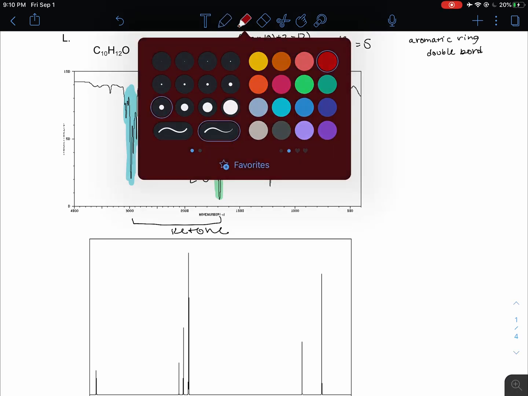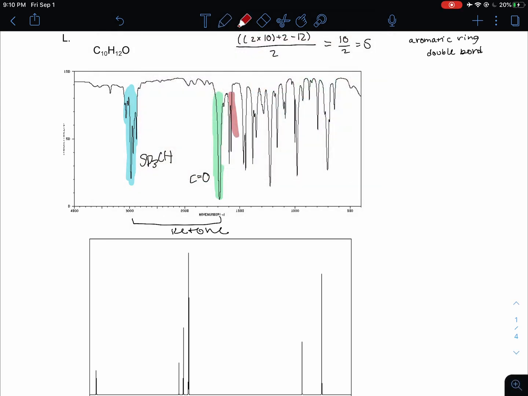The next values that we can look at are the spikes here between 1600 and 1400. This tells us about C to C, which is common for aromatic rings.